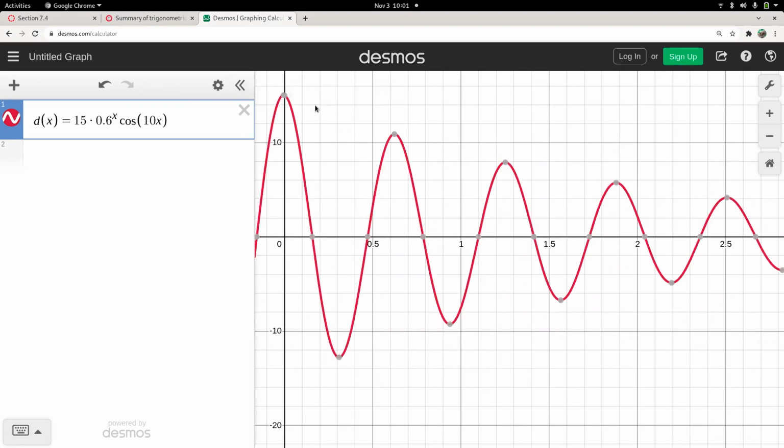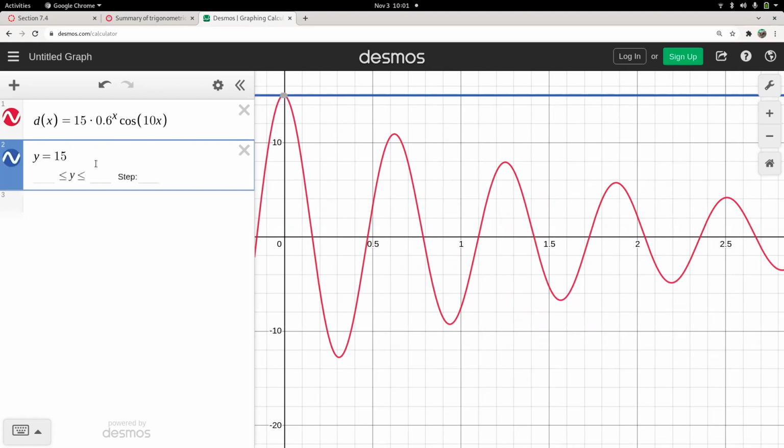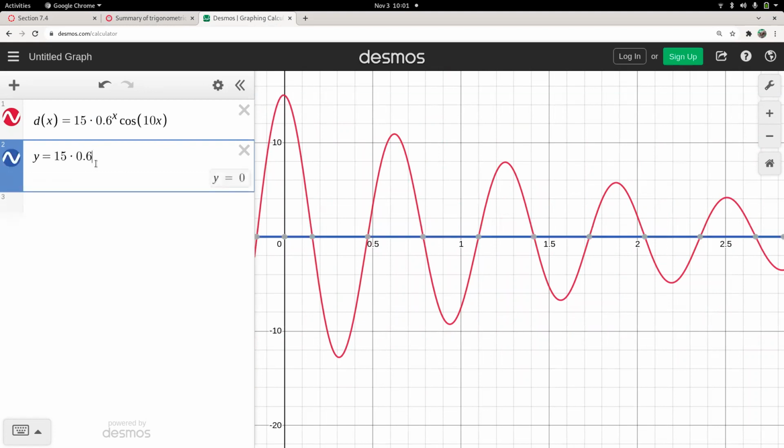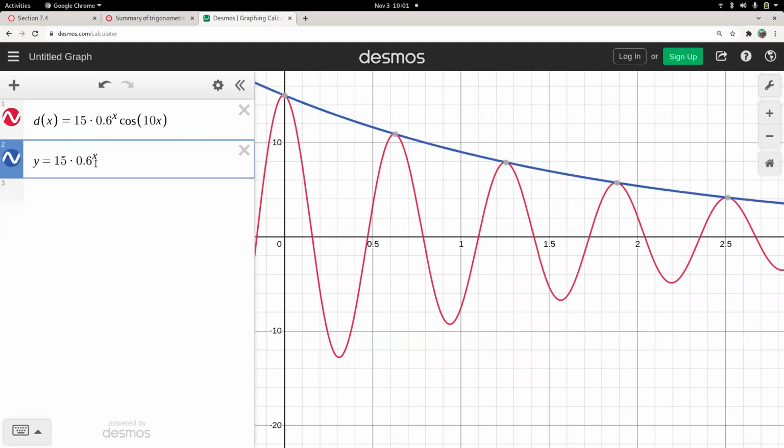Here I can see that it's dropping down exponentially. If I graph the exponential separately, y equals 15 times 0.6 raised to the x, I can see that the exponential is forcing those peaks down because I'm multiplying it. That's my new amplitude.